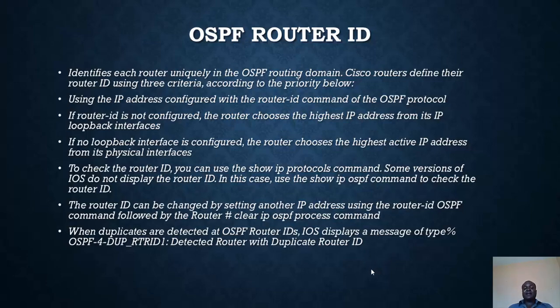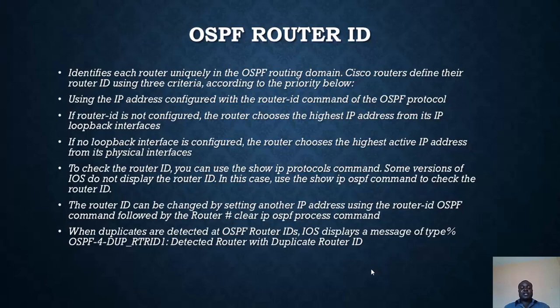If no loopback interface is configured, the router chooses the highest active IP address from its physical interfaces. 3. To check the router ID, you can use the show ip protocols command. Some versions of IOS do not display the router ID. In this case, use the show ip ospf command to check the router ID.